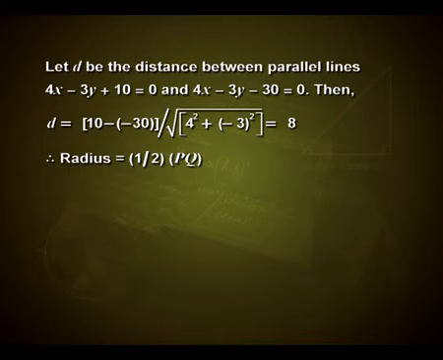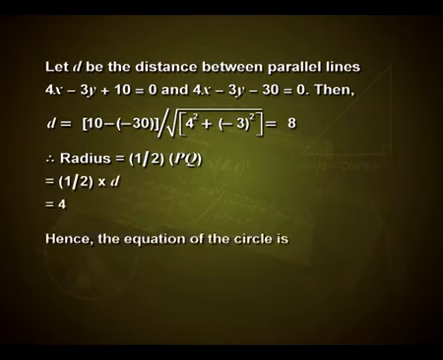Therefore, the radius is half of PQ, that is 1/2 of D, which is equal to 4. Hence, the equation of the circle is (x - 1)² + (y + 2)² = 4². So, students, we have looked into many examples for solving the equations of circles.